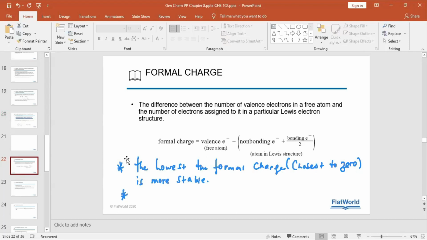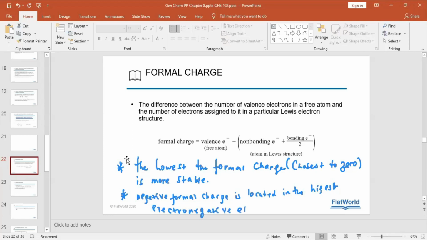The next criterion is that if there is a negatively charged ion, the negative formal charge is located on the most electronegative element.